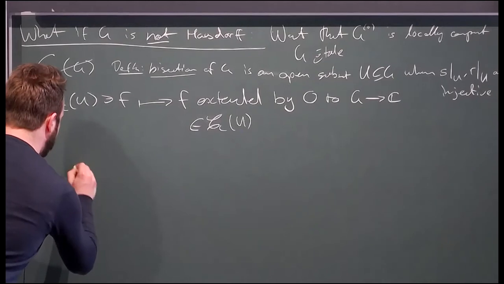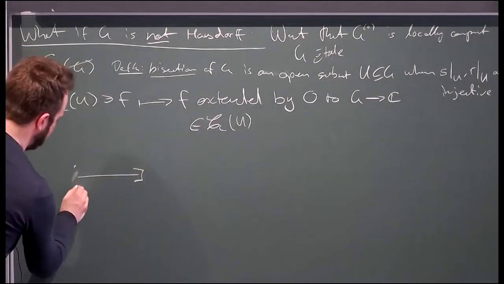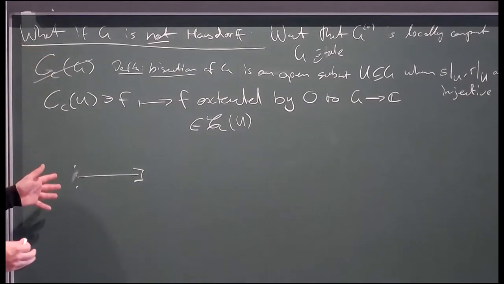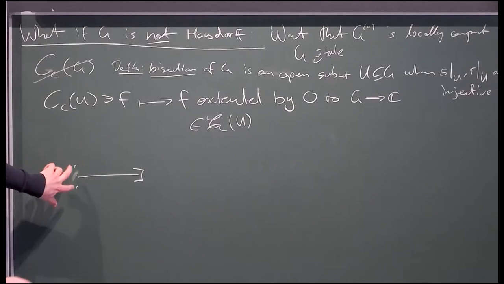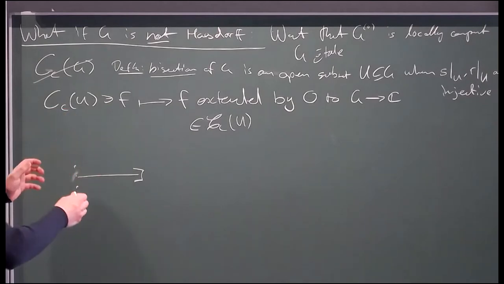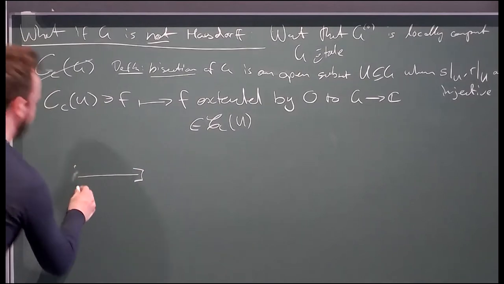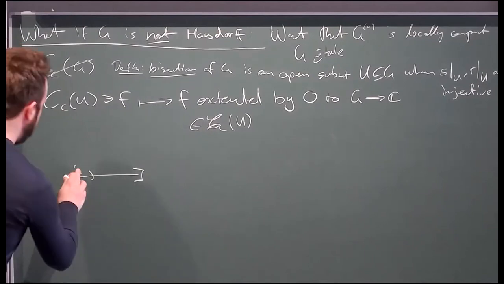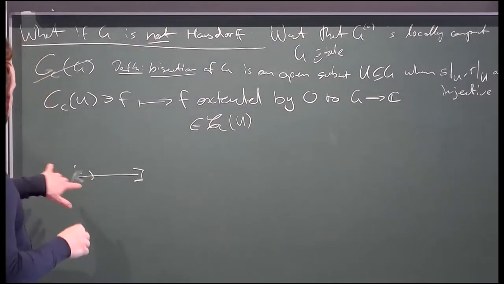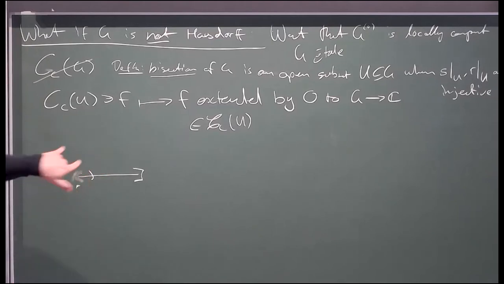If you're familiar with the line with two origins, this is the space given by the standard topology on the interval, and then the neighborhoods of these two points are exactly the point here plus the open interval here. It is locally Hausdorff, because if I just take the neighborhoods that include one point but not both, then I get purely Hausdorff stuff.